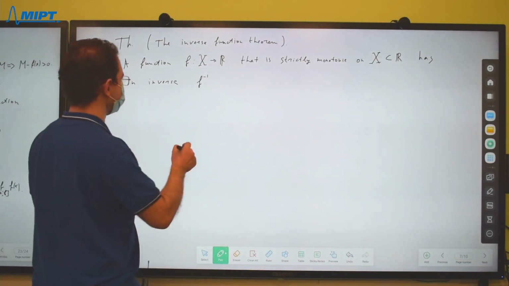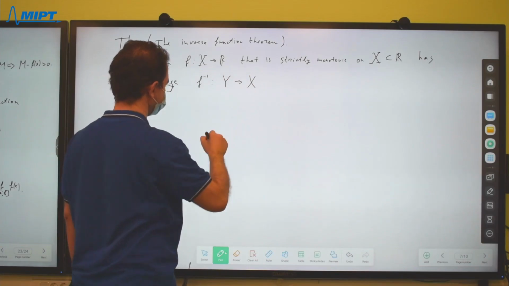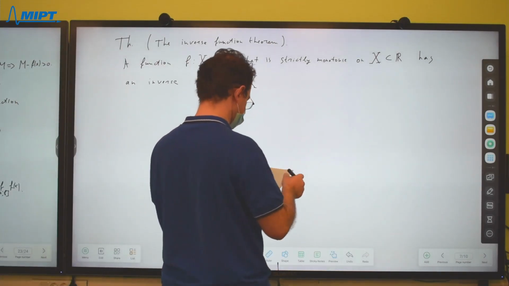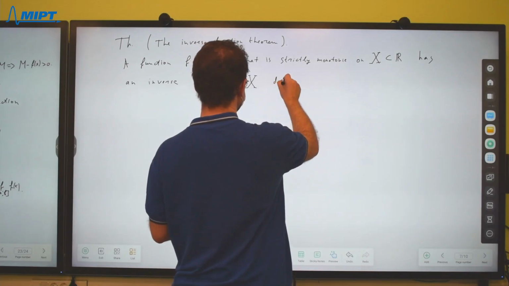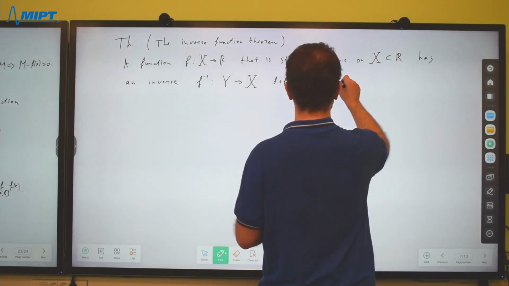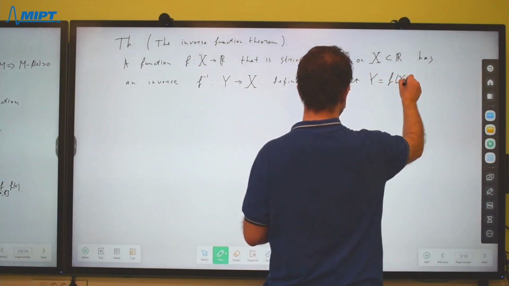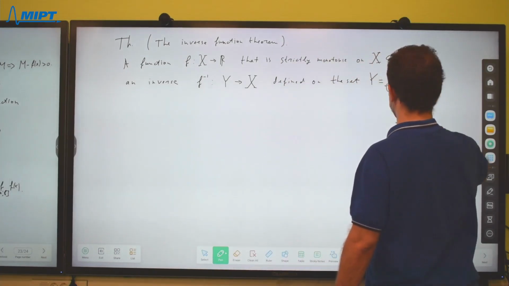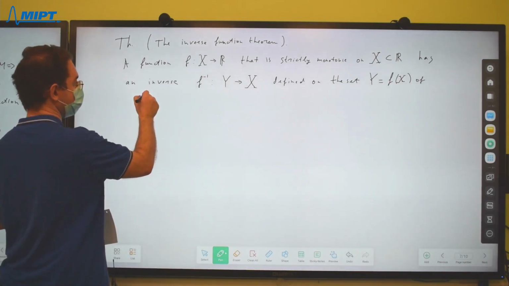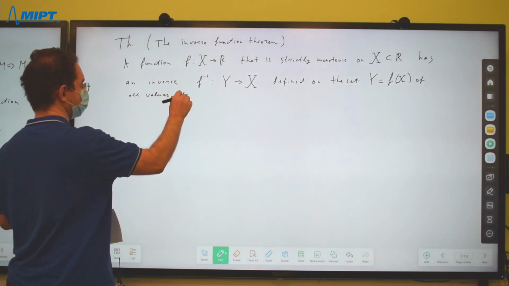The inverse function acts from Y to X, defined on the set capital Y. This is exactly f of X, the set of all values of f.